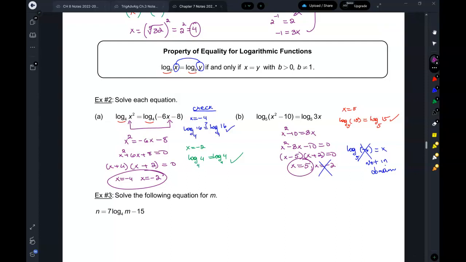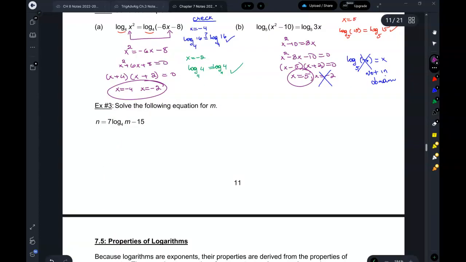Okay? Next one. Solve the following equation for m. What do you think the first step should be here? To solve for m, what should we do first? Let's add 15. 7 log base 4 of m.